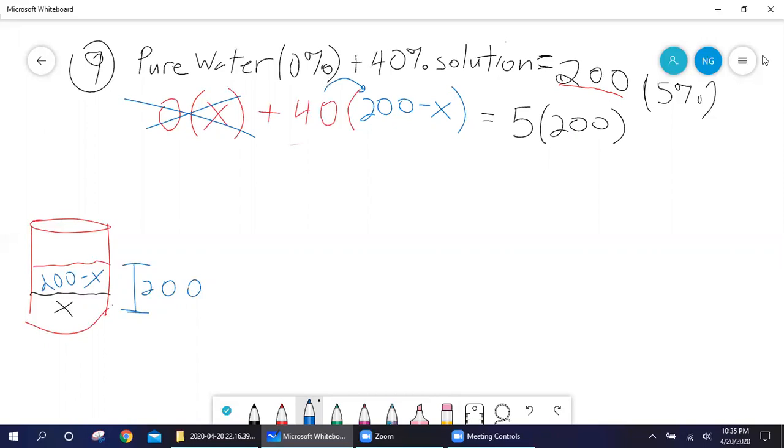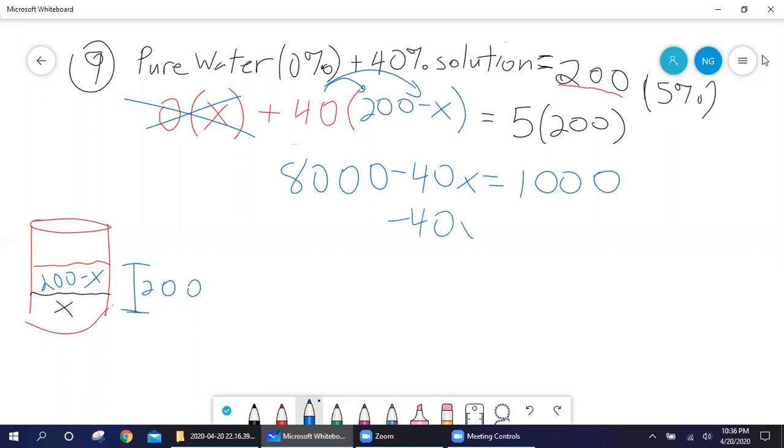If I distribute my 40 through this, I've got 8,000 minus 40x equals 1,000. So negative 40x, if I subtract over 8,000, is negative 7,000. If I divide by negative 40, I get x to be 175.